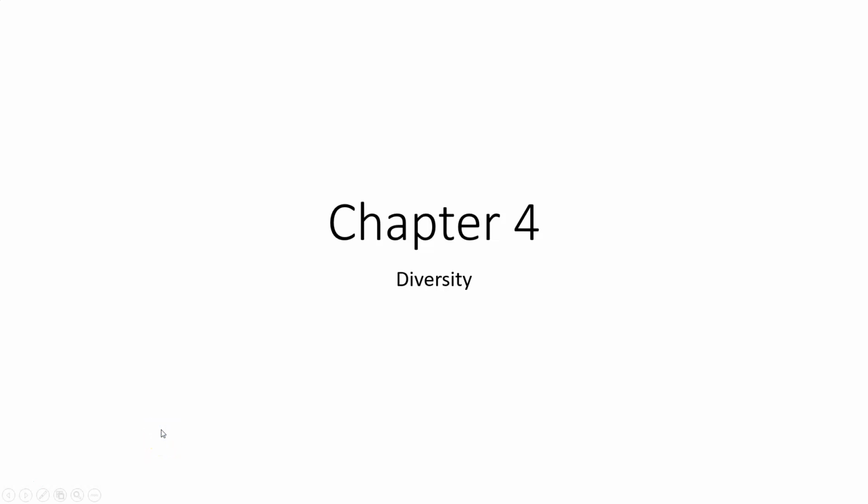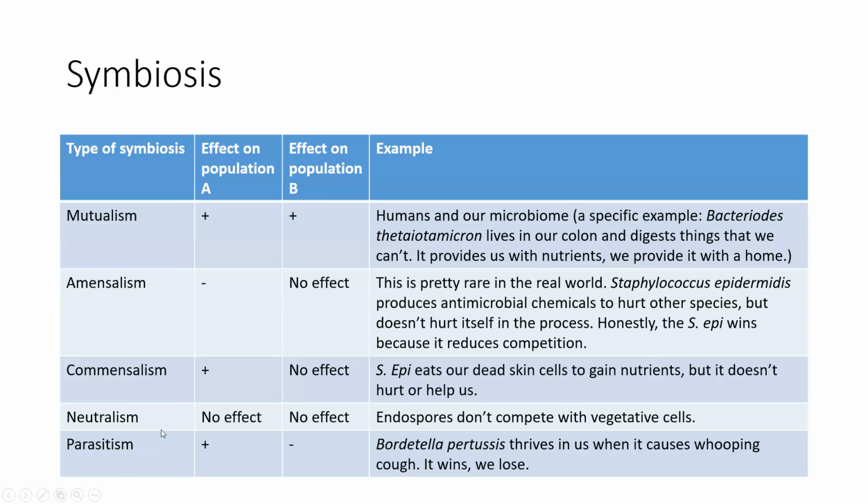So to start, I always want to talk about symbiosis because people tend to come out of high school thinking that symbiosis and mutualistic relationships are the same thing. Mutualism is a type of symbiotic relationship, but so is predation, and so is herbivory. All of those are symbiotic relationships. So symbiotic just means you have things that are living together and interacting with each other.